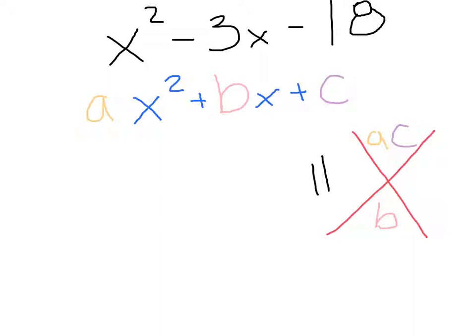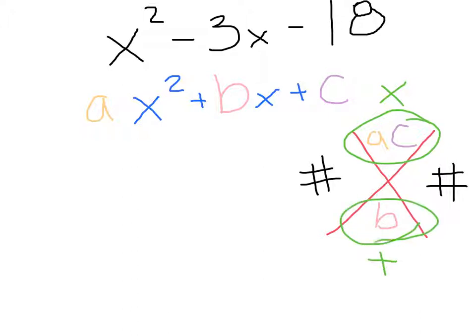And the number that you have over here and the number you have over here, when they are multiplied, it creates this number. And when they are added, it creates this number.